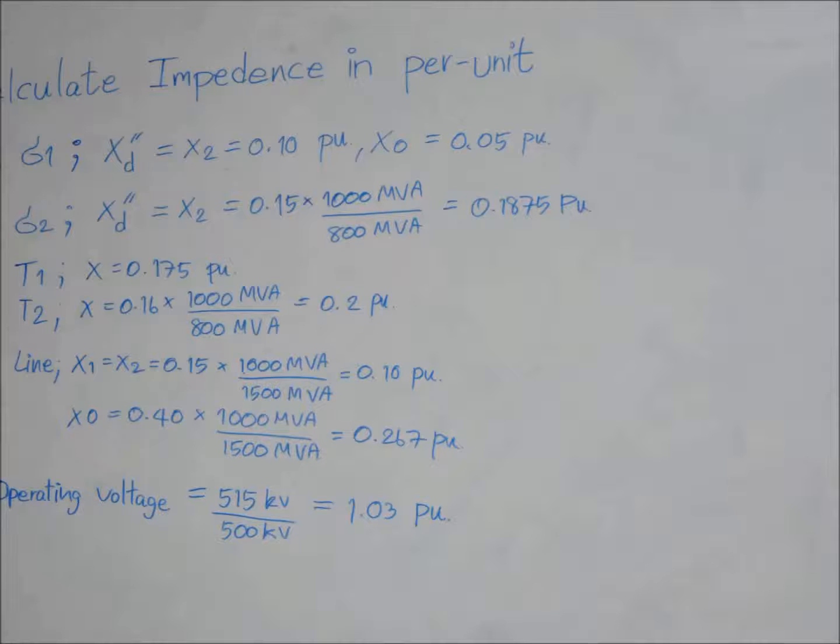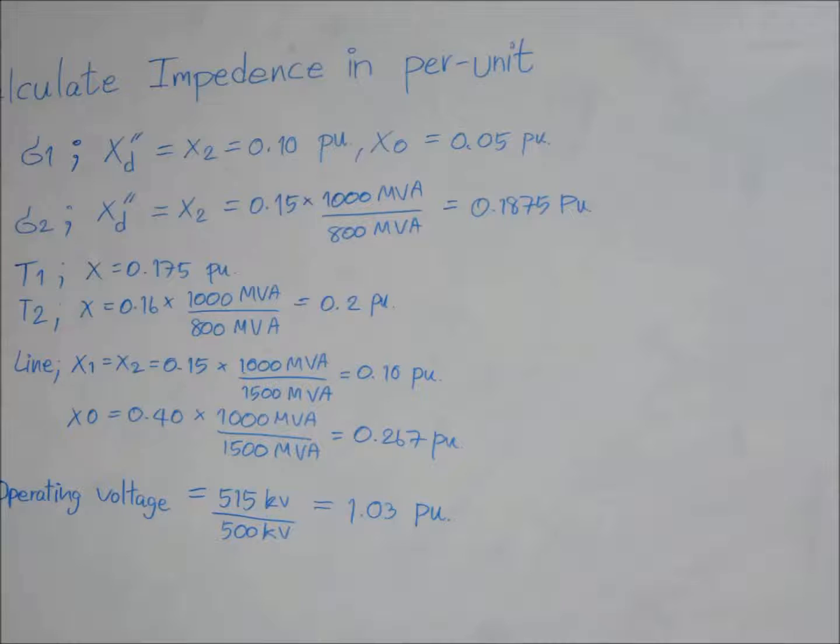T1 impedance equals 0.175. T2 impedance is 0.2.